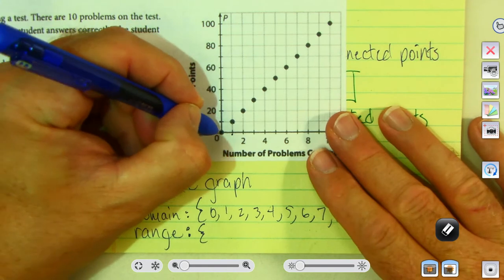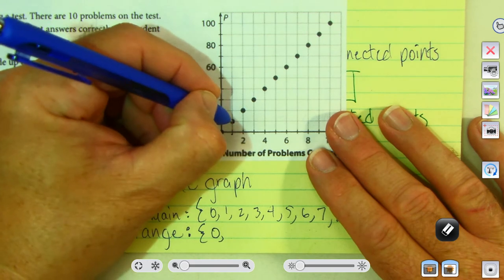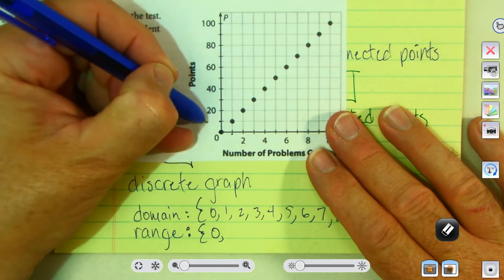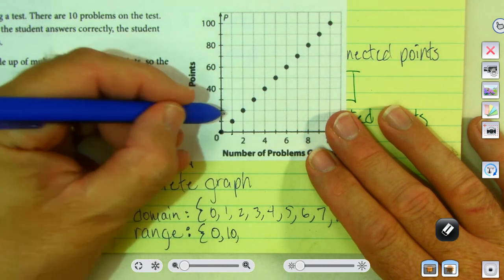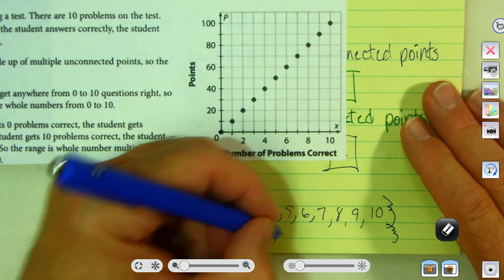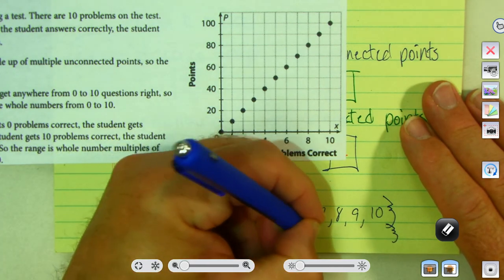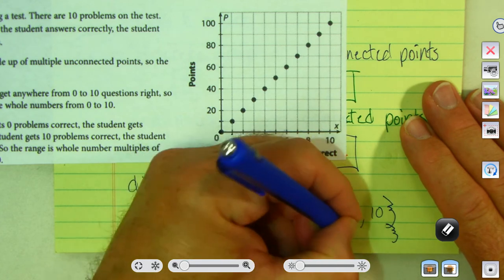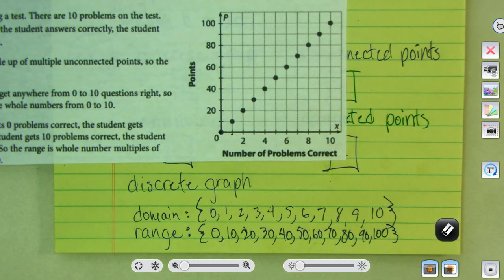Now, this first point has a y value of 0, just like the x value, but my y value for the second point, that's point (1, 10), because it's 10 points for each problem. So my y value there is 10. My y value here is 20. And so on, 30, 40, 50, 60, all the way up to 100. So that's my range. It's a discrete graph that has specific points for the domain and the range.